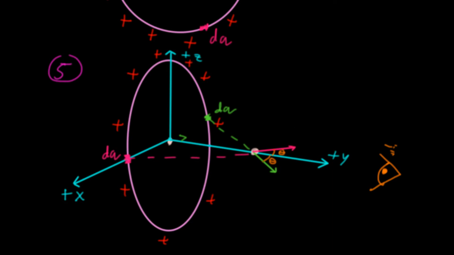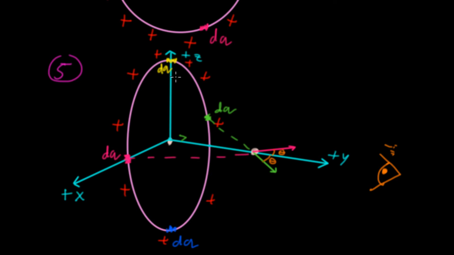So let's pick two more dQs. Let's pick one at the top of this ring, and then one in dark blue on the bottom here, and draw their electric field vectors.